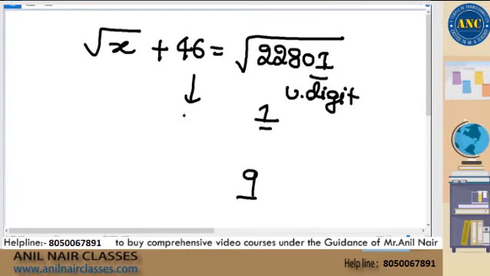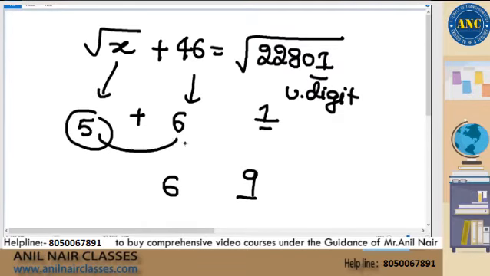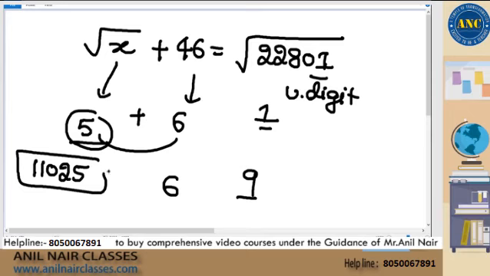What is the unit digit of this number? 6. So what will be the unit digit of this? This should be 5, right? Because 5 plus 6 only is 11. What is the only option with the unit digit 5? 11025. I hope it is clear.